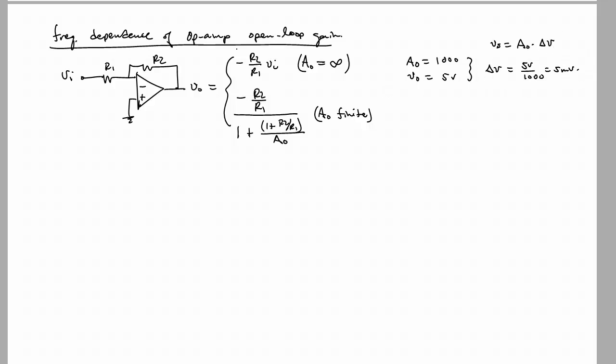Okay, and so we would have 5 millivolts between here and here. Otherwise put, we would say that this node here is at minus 5 millivolts, right? Because the non-inverting input is grounded, and there's a plus to minus 5 millivolts between the non-inverting and inverting input.